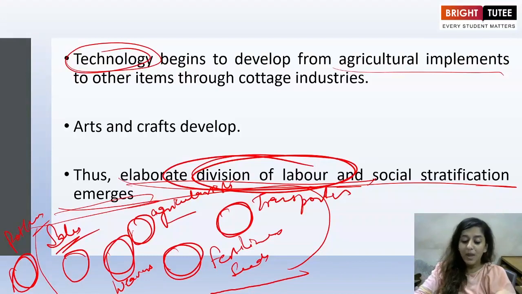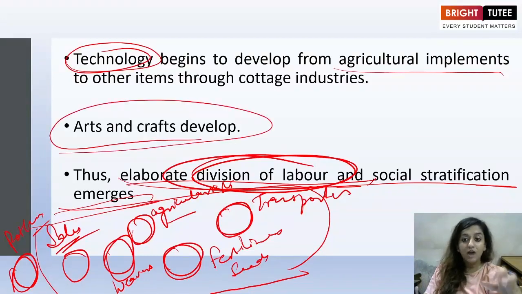And that is how the art and the craft develops, and technology develops from agricultural implements to other items through cottage industries.